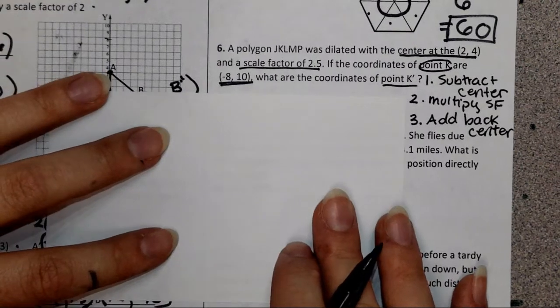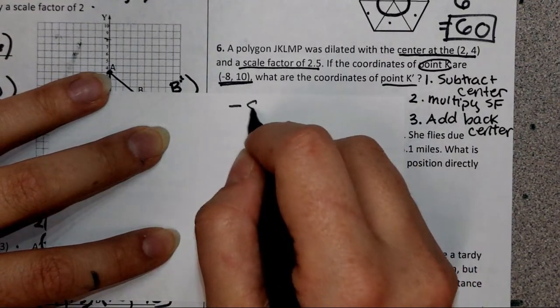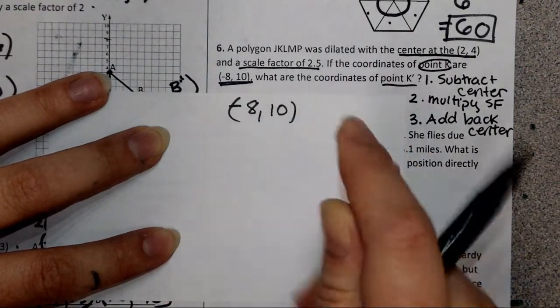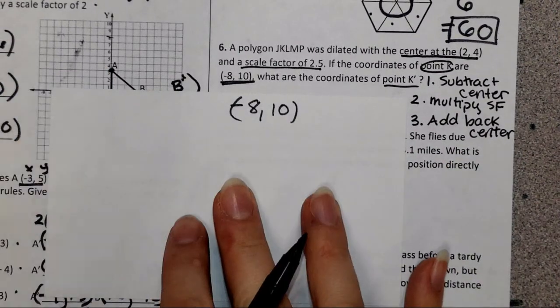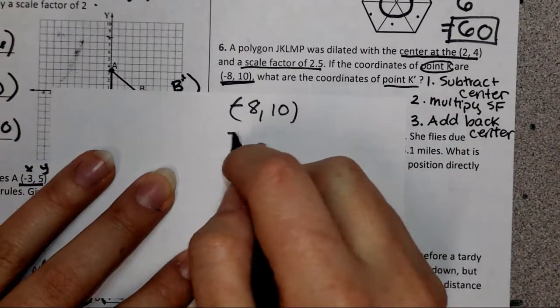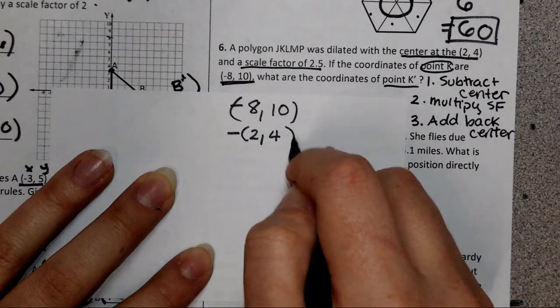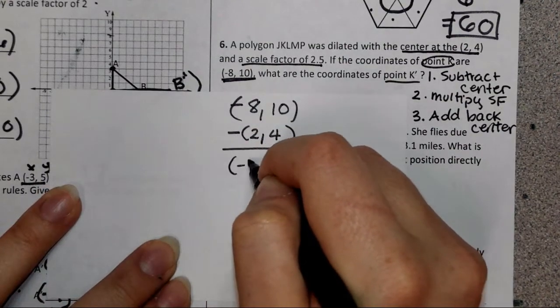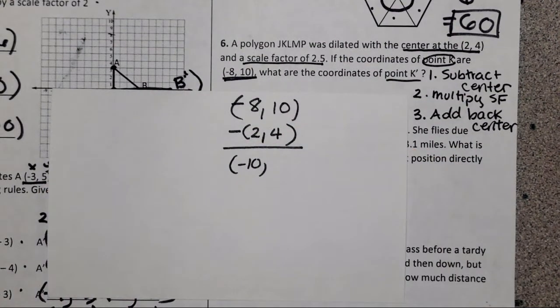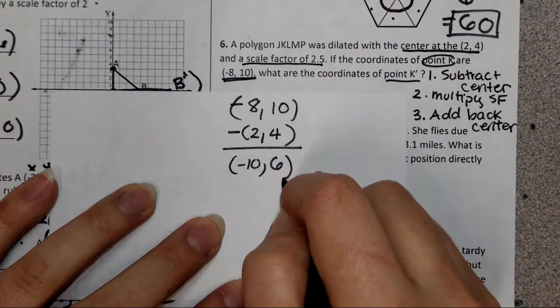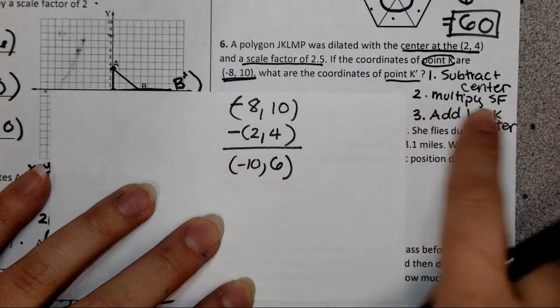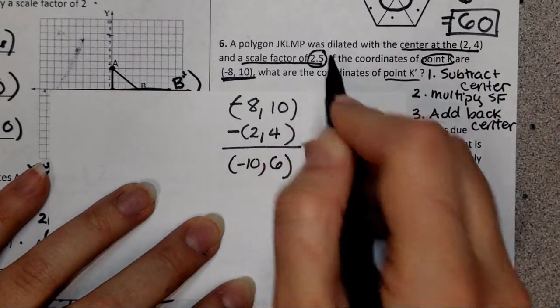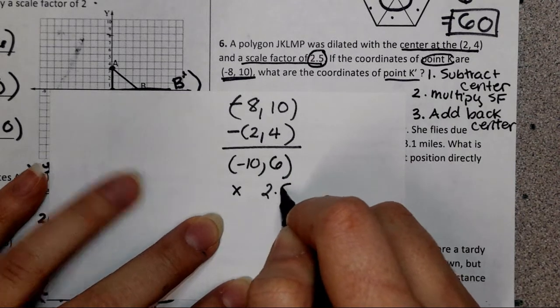Okay, so we're going to take this point, negative 8, 10, and we're going to do these 3 steps. So first, I'm subtracting the coordinate 2, 4. So negative 8 minus 2 leaves me with negative 10, and 10 minus 4 leaves me with 6. Step 2, we multiply by our scale factor, which is 2.5.